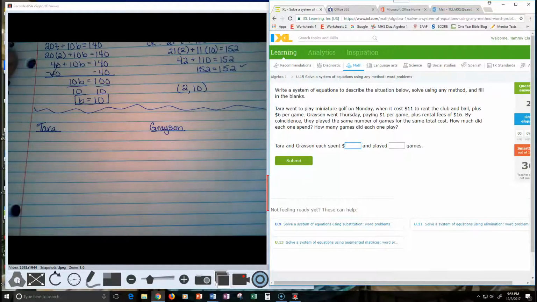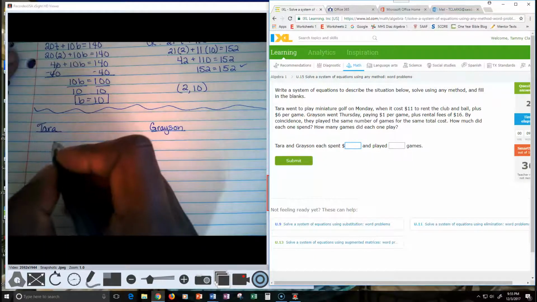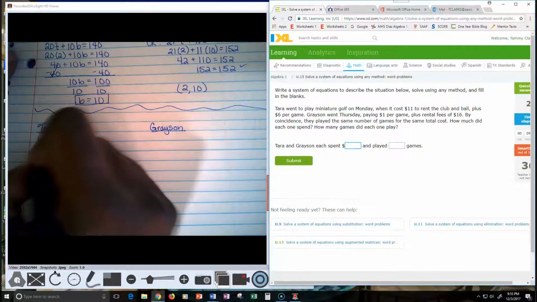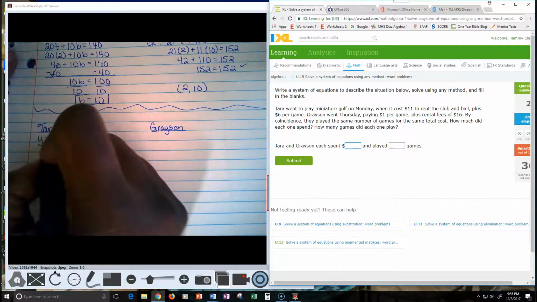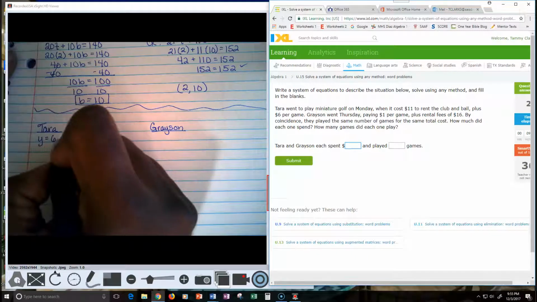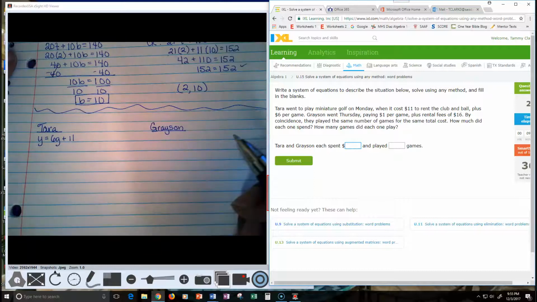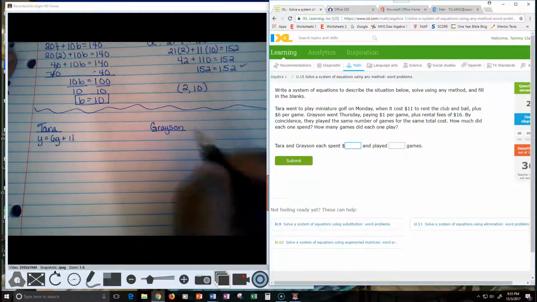So let's go to Tara. We know that she paid $11, whether she played a game or not. So let her total cost equal the $6 per game plus the $11 to rent the club.